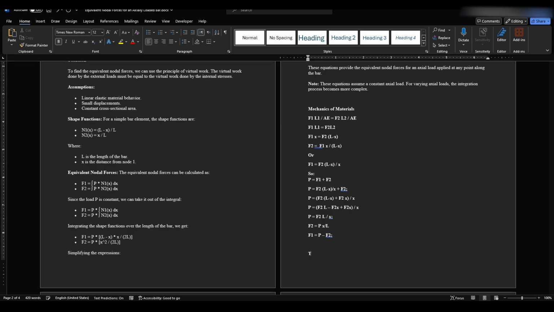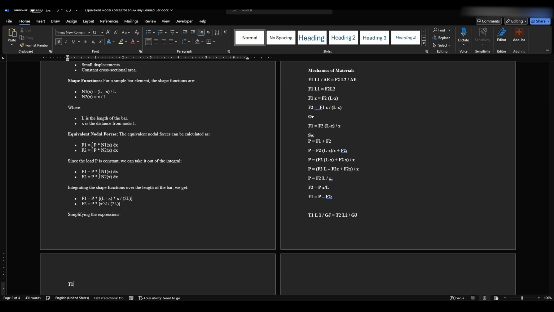You're going to say that torsion 1 multiplied by the length of 1 divided by JG is going to equal torsion 2 multiplied by length 2 divided by JG. So in the end, torsion 1 multiplied by L1, it's going to be a copy-paste scenario here. Torsion 1 L1 equals torsion 2 L2. So you can see that we're starting exactly here, which means we're going to end exactly here.